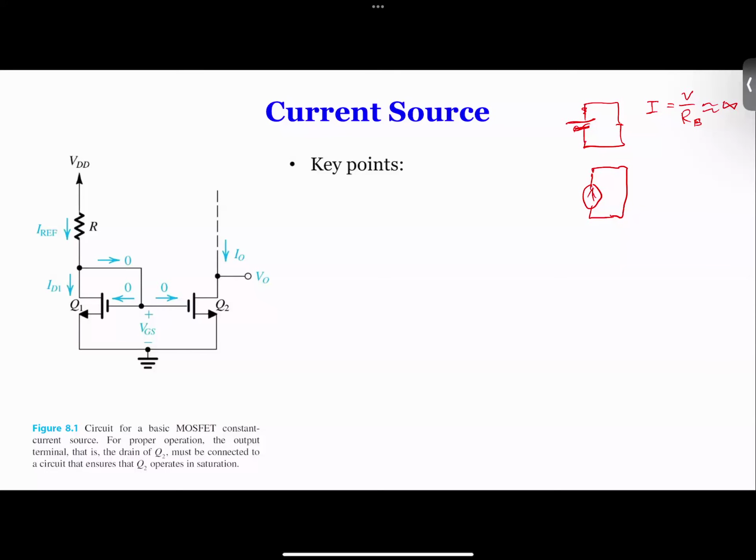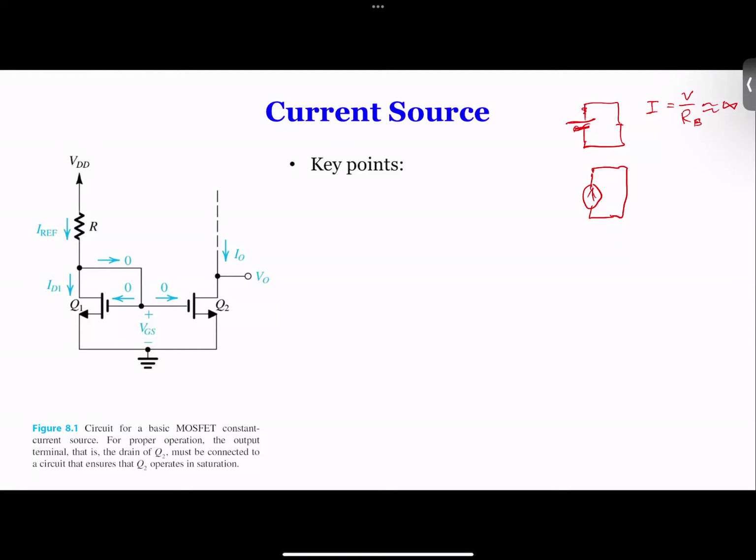If they share their gate, what is the gate to source voltage for those two transistors? Are they going to be the same? Not zero, because this is not ground. They share the gate and they share the source.